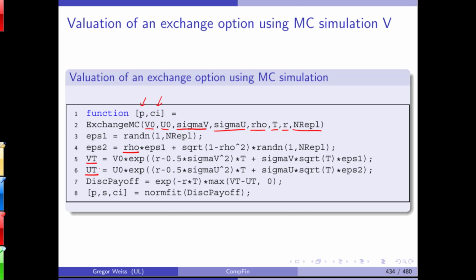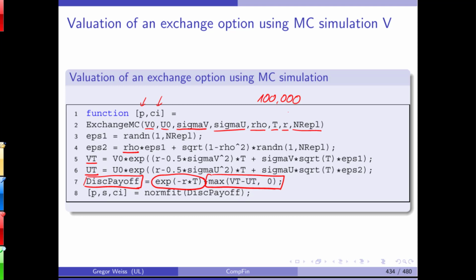And then we do the following. What is the payout? The payout in the spread option was the maximum of 0 and Vt minus Ut. So this is this. And we take all those future cash flows, we discount them to the present day, and these are the discounted payoffs for, let's say, 100,000 replications.